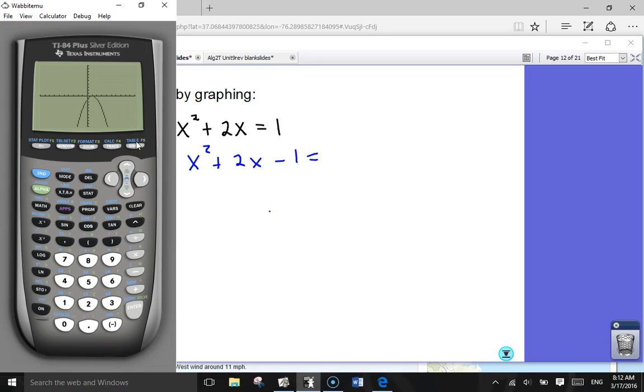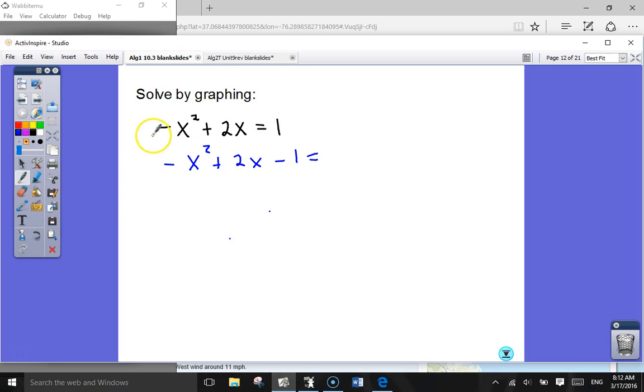How many x-intercepts do you see? It's actually only one x-intercept. So how many solutions do you have? 1. So, in fact, if I would have moved the x squared and the 2x to the other side, then I would have had x squared minus 2x plus 1 equals 0.